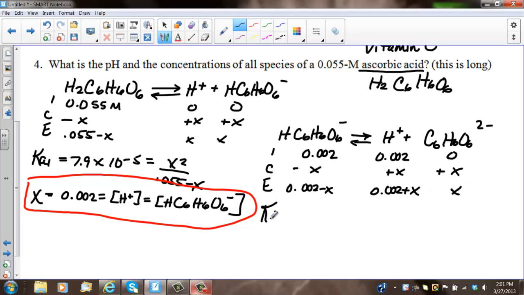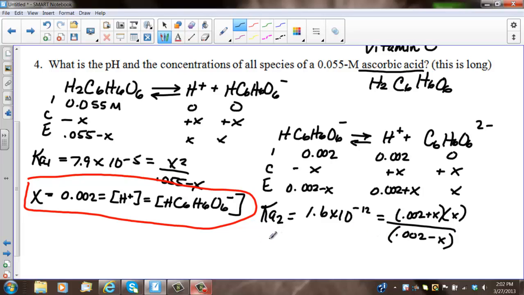So my Ka2, when I look that up, I get 1.6 times 10 to the negative 12. You can see it is extremely, extremely small. And that's going to be equal to 0.002 plus x times x over 0.002 minus x.